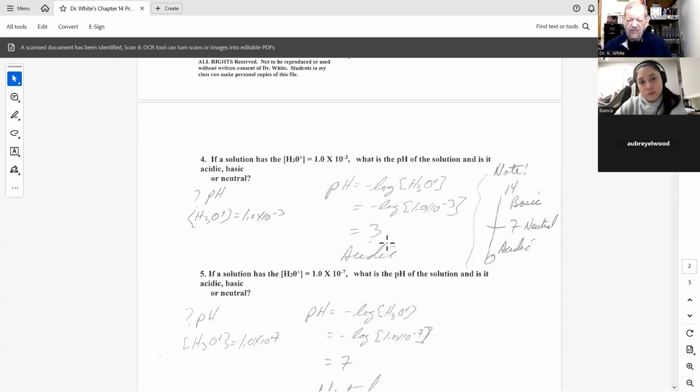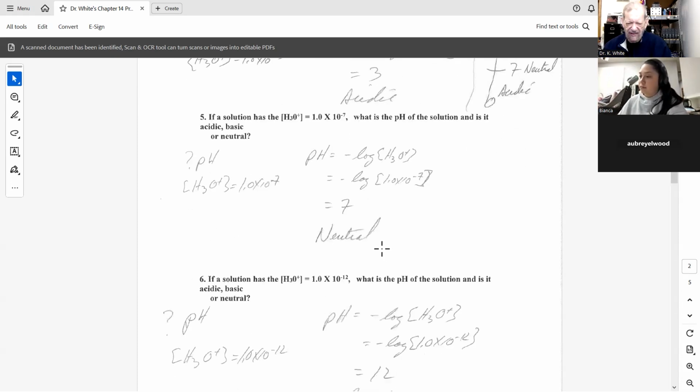The pH is 3. Is that acidic, basic, or neutral? Here's the scale you should know. Below 7 is acidic, 7 is neutral, above 7 is basic. I hope you all know 3 is less than 7. Isn't that hard math? And it's acidic. And I have a few more like this.